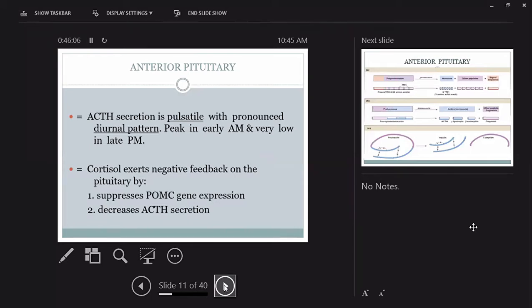Cortisol exerts a negative feedback on the pituitary by suppressing the pro-opiomelanocortin gene expression and decreases ACTH secretion.